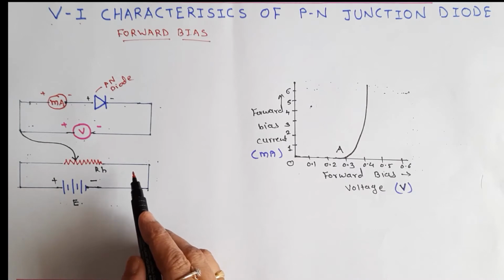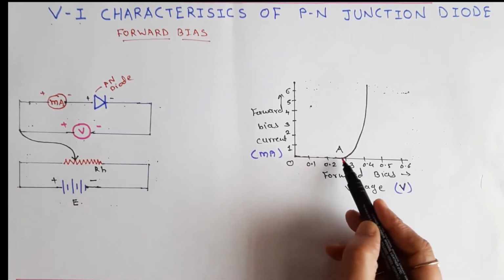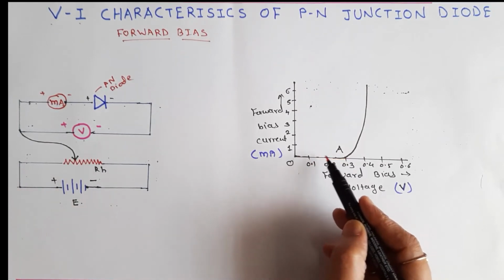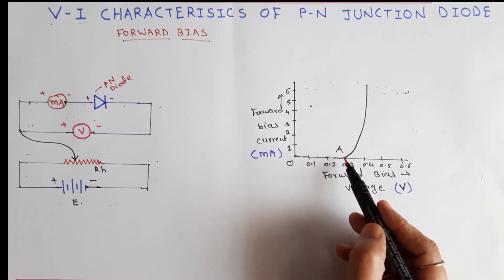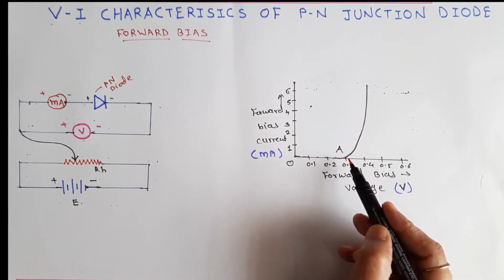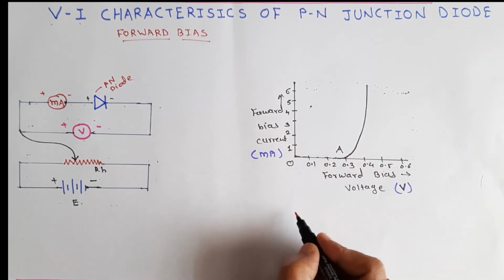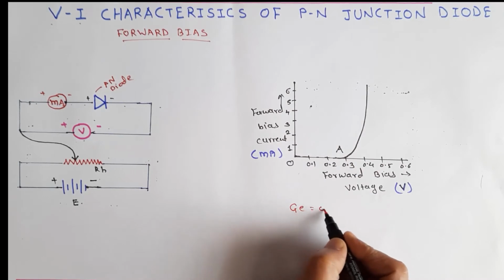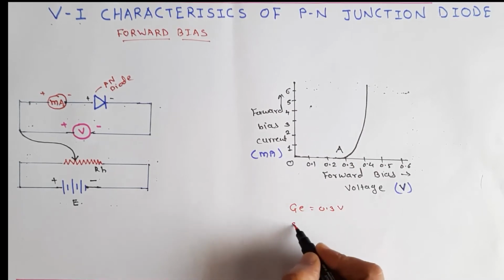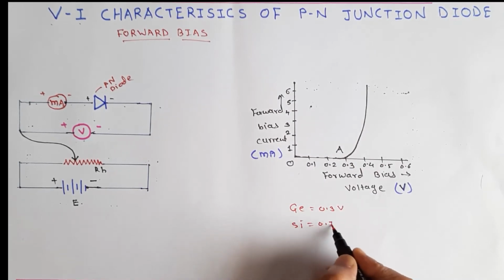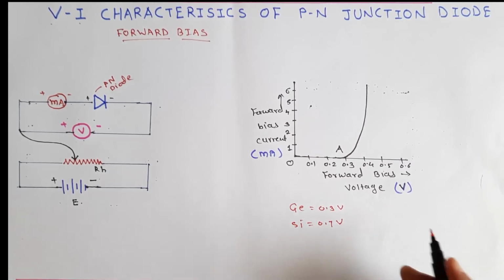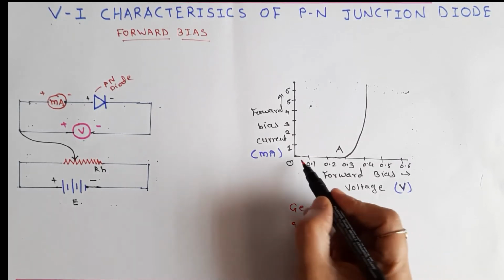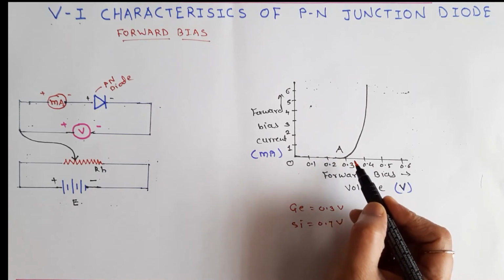Initially, no current flows through the circuit. This is because of the barrier potential. As we discussed in the previous video, the barrier potential for germanium is 0.3 volt and for silicon is 0.7 volt. So till this voltage there is no current through the circuit.